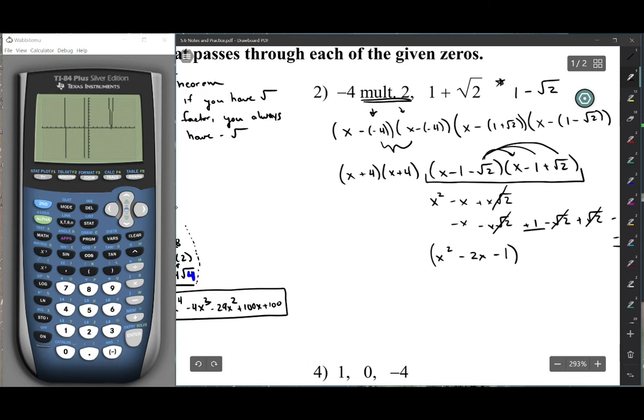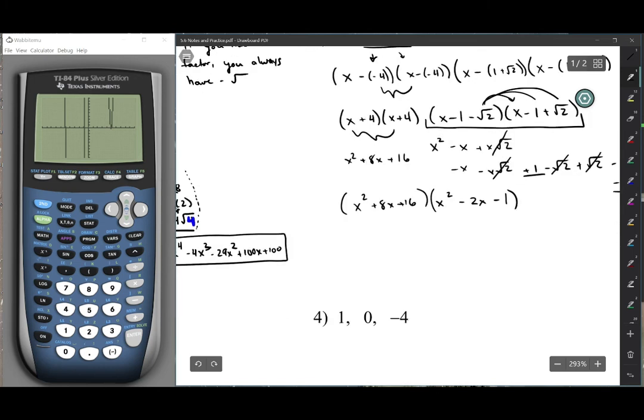Okay, here this is just FOIL, so x squared plus 8x essentially. I skipped the outer and inner parts, but that's what it would be. And then we just have some triple multiplication, trinomial times trinomial, to take care of. Okay, again, take your time.